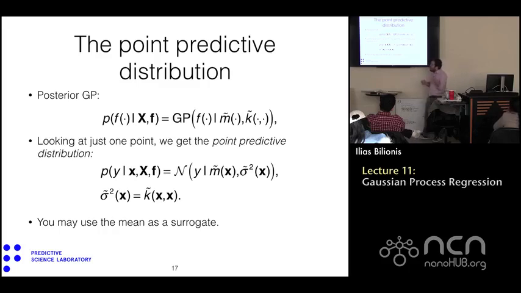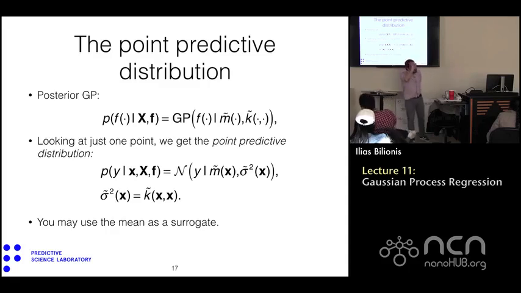But if you just want to predict your function value at a single new point, this little x right here, then you can derive a nice point predictive distribution, which turns out to be Gaussian. Of course, if everything is Gaussian, this is going to be Gaussian as well. And this point predictive distribution looks like that with a specific mean value.